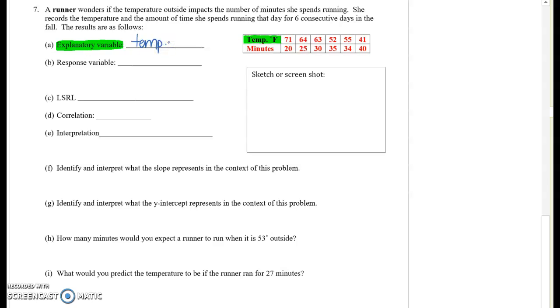The response variable is going to be minutes. Okay, so the LSRL is actually the formula. So that's the y hat equals a plus bx, where a is your y-intercept and b is your slope.